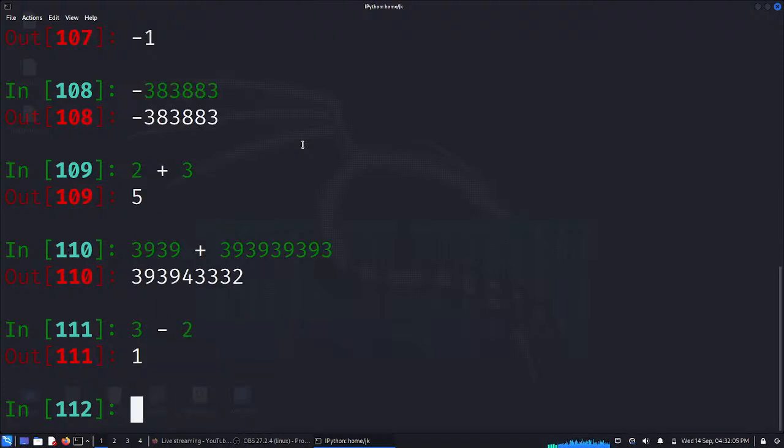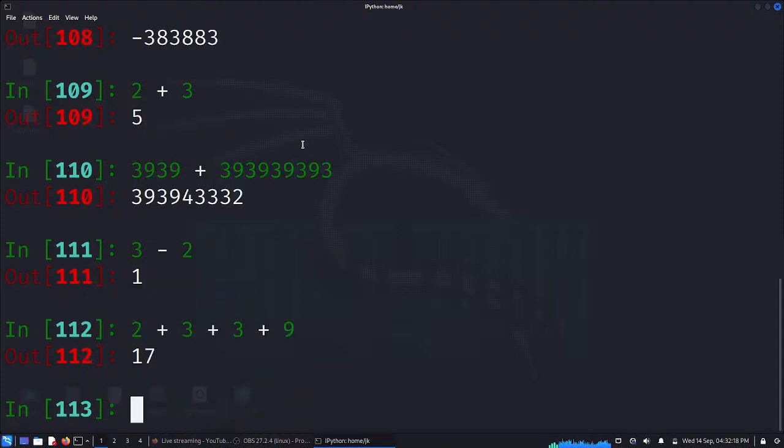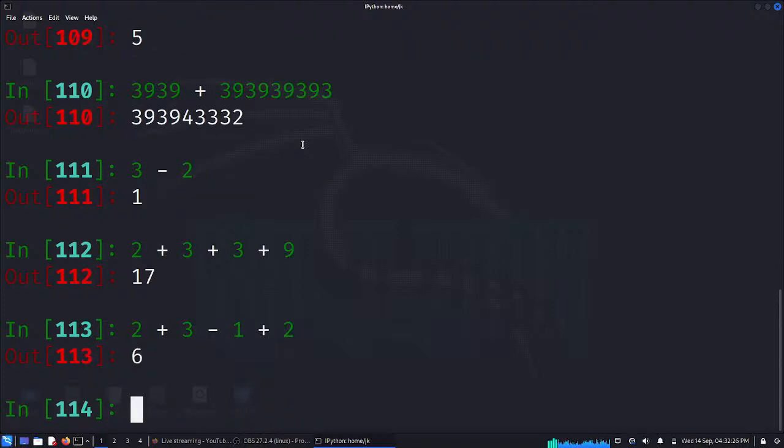And we don't have to limit to 2 integers. We can do 2 plus 3 plus 4, and you can go on. Or we can combine 2 plus 3 minus 1 plus 2, and keep on going that way. So we can combine the operations.